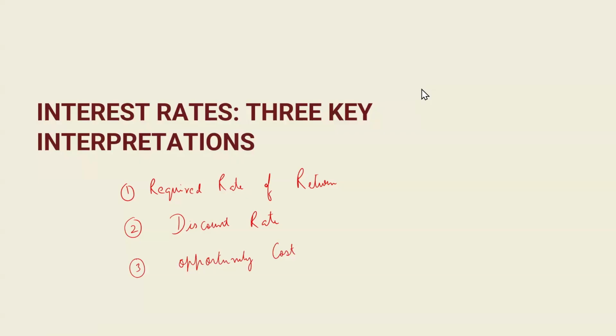So opportunity cost is nothing but the value which you are foregoing by choosing one course of action over another. These three key interpretations are very, very important, and this is how we start this chapter.